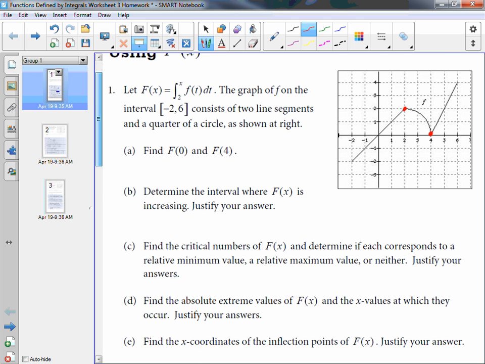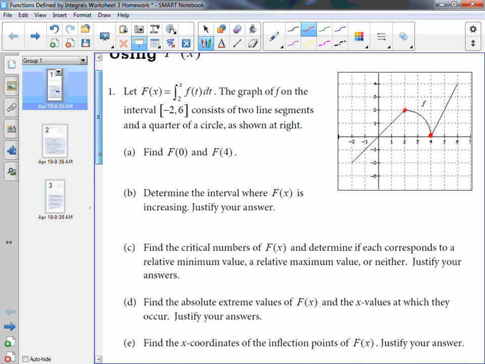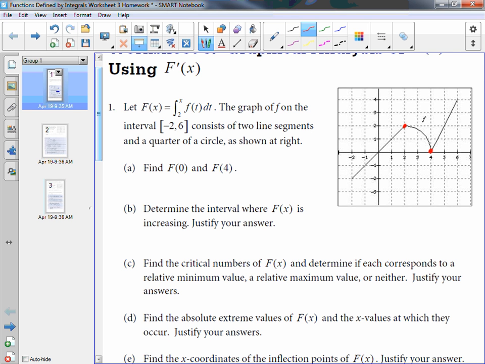Now, part F asks us, determine the intervals where the graph of capital F of X is concave down. Capital F of X will be concave down when its derivative is decreasing. So, from who to what? 2 to 4. Not where the derivative is negative, where the derivative is decreasing. The only time this derivative is decreasing is right there.